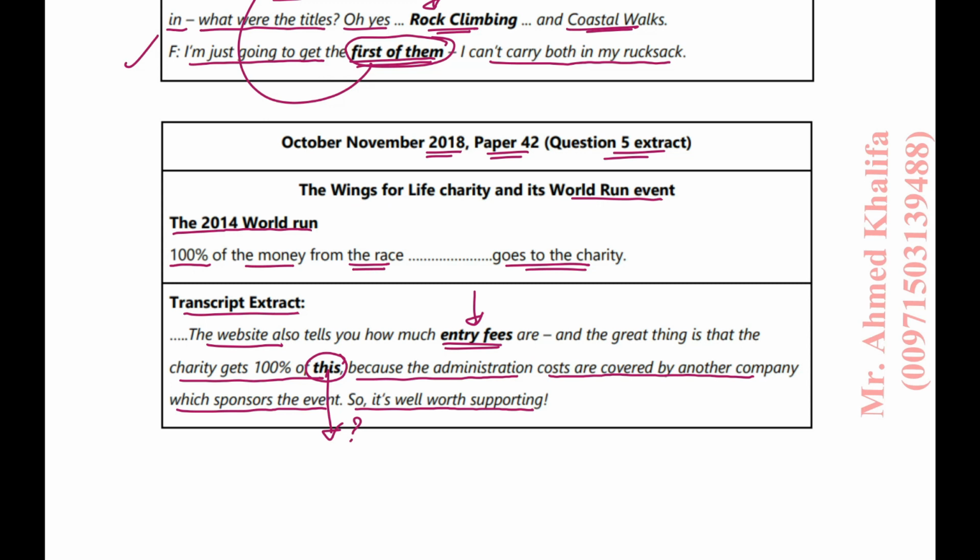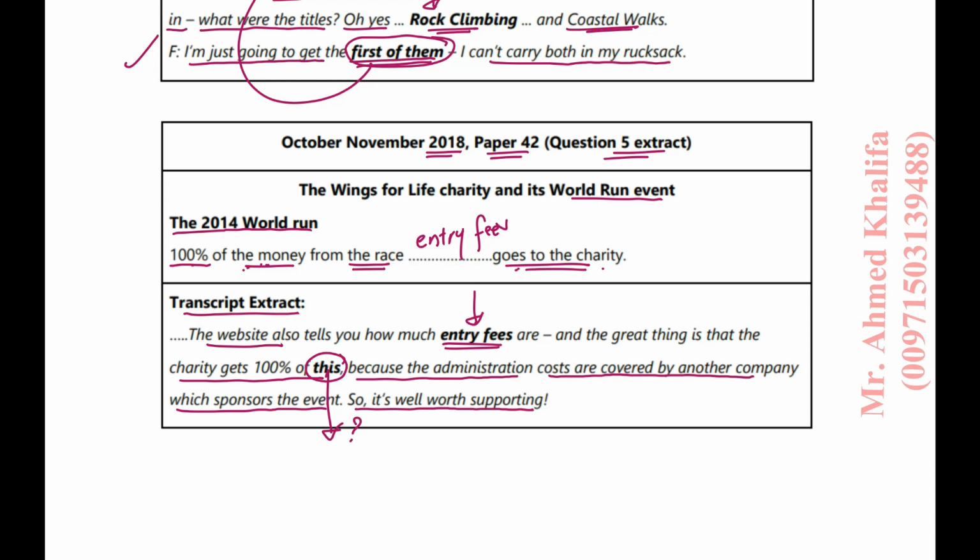From the race, you need to write here what? Entry fees. You got it? So the money goes to the what? To the charity. So we know that there is a back reference here. You understand? So remember the back reference, remember the substitution as well.